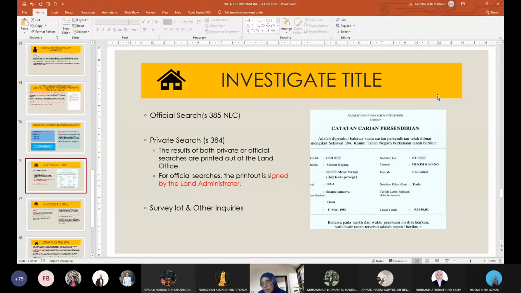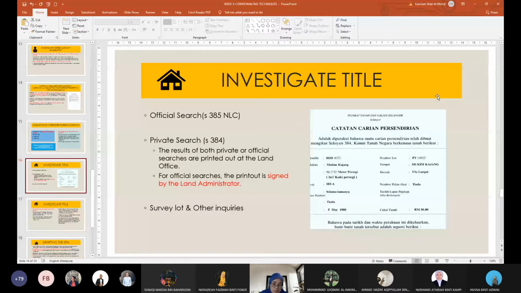Sekarang ni kalau zaman dulu dia ada carian secara manual so kita panggil carian persendirian. Tapi sekarang because all are computerized, yang private search atau official search semua adalah printed punya result from the land office. Cumanya official search bayaran dia lebih mahal, private search bayaran dia lebih murah.